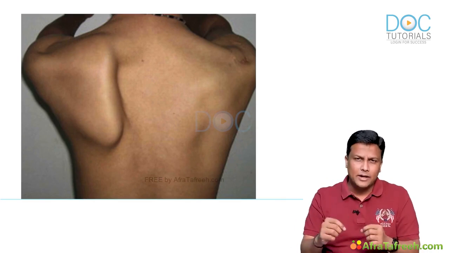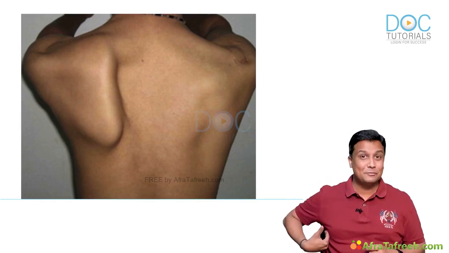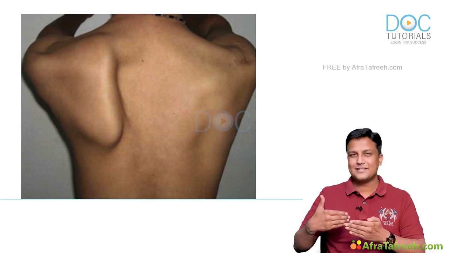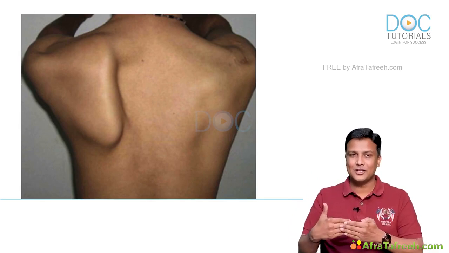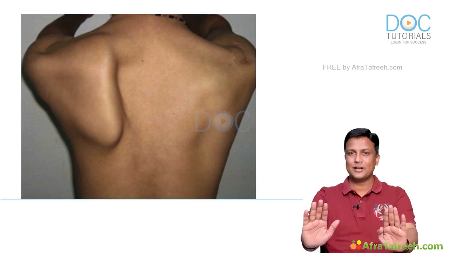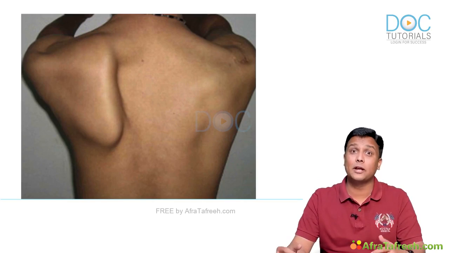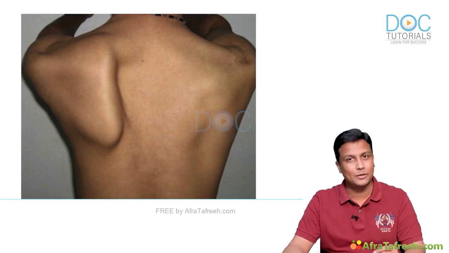But now the long thoracic nerve is gone, the serratus anterior is paralyzed, so it's unable to keep the scapula along the thoracic wall. Therefore, just ask the patient to push like this, and automatically you'll find that the scapula bone becomes prominent. That is known as winging of scapula.